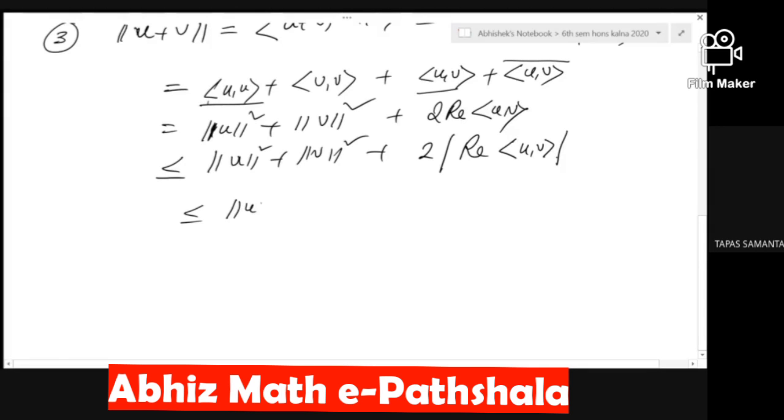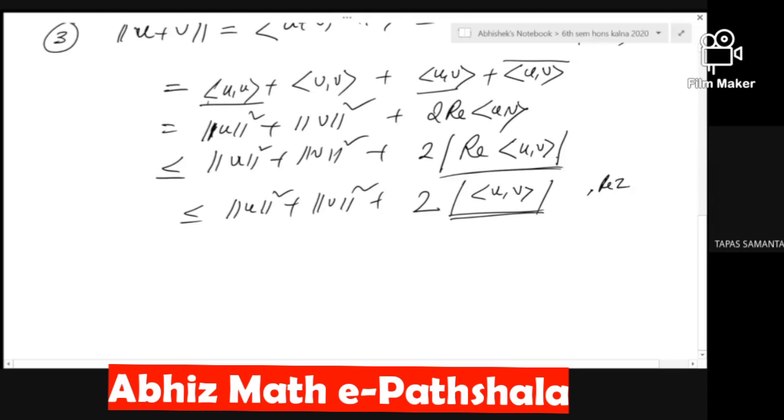So therefore, it is less or equal to norm u square plus norm v square plus 2 mod inner product u comma v, as we know the real part of z is less or equal to mod z.